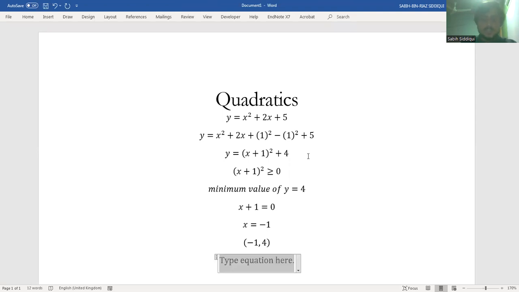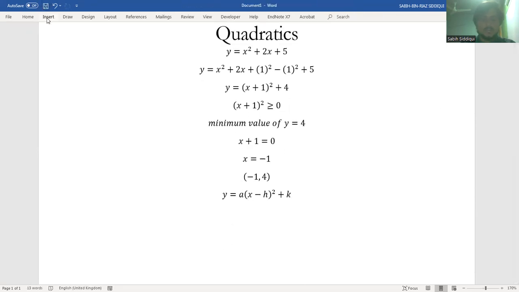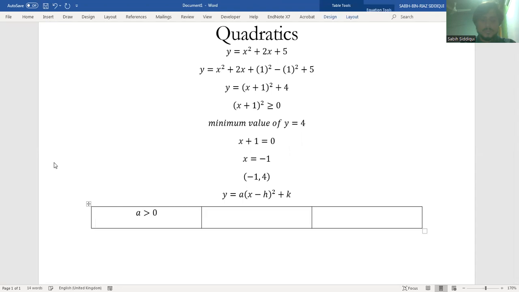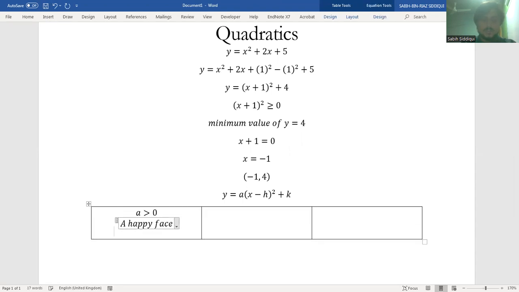Once we have the things in the completed square form, we can write it in this particular way. We will say that there are two things that we can extract out of this form. The first thing is that if a is positive, we get a happy face quadratic, which means that there will be a minimum point.